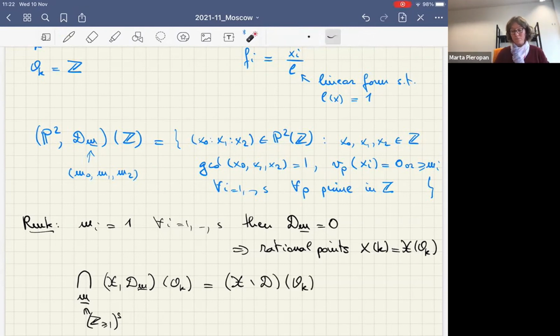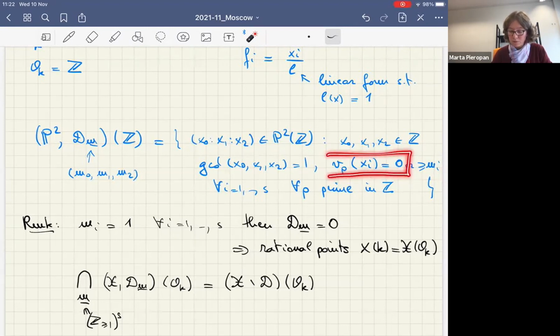And why is that true? Because we take my conditions, and the condition is that either it is 0 or it is at least mi. This thing on which we are imposing the condition is an integer, and we ask either 0 or bigger or equal than m for every possible positive integer m, which means that the second possibility for this condition cannot be satisfied, and so only the first one can be satisfied.